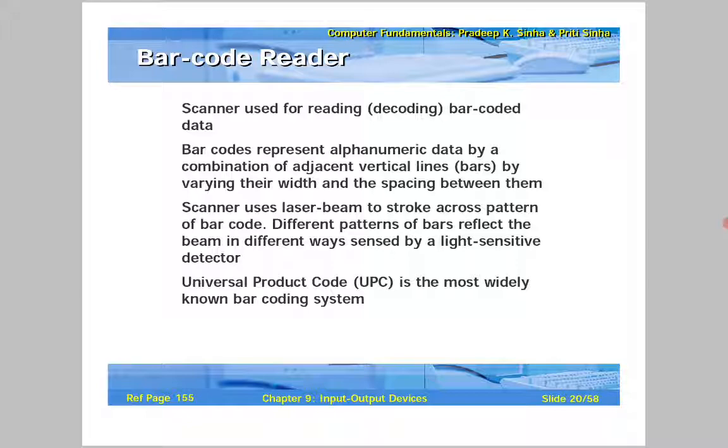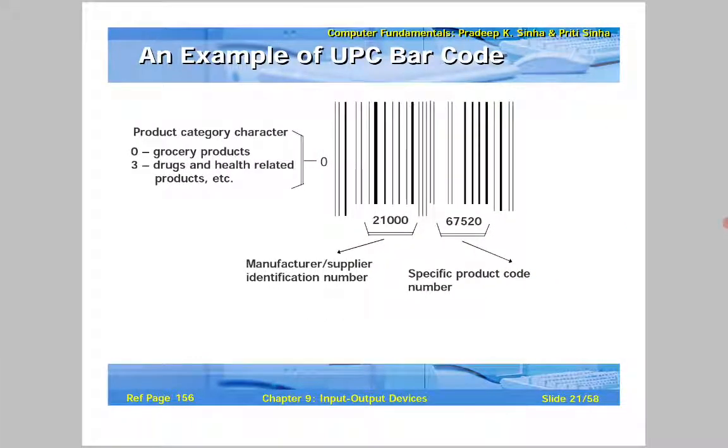A barcode is a combination of various symbols, bars of different sizes, and each barcode has a different code or number to recognize it uniquely. These are generally used in airports and other places. These are one type of scanners. So this is an example of a barcode. Barcodes have different thin and thick lines.